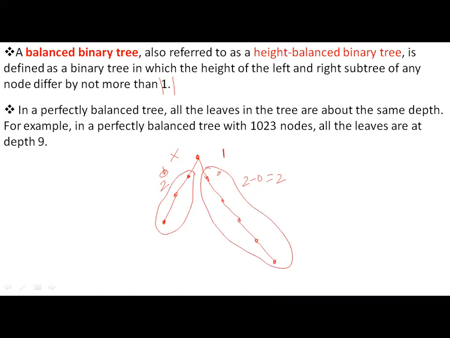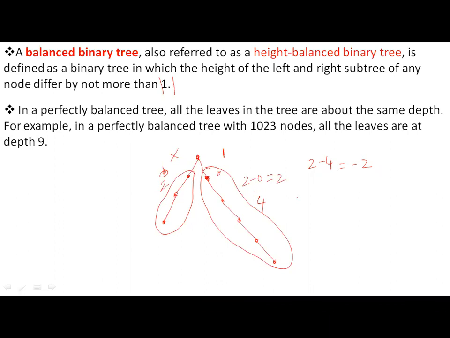The right subtree's starting node is this one, so 1, 2, 3, 4, the height of this is 4. So left subtree minus right subtree, 2 minus 4, is equal to -2. Since this is beyond -1, this is not a height balanced tree.